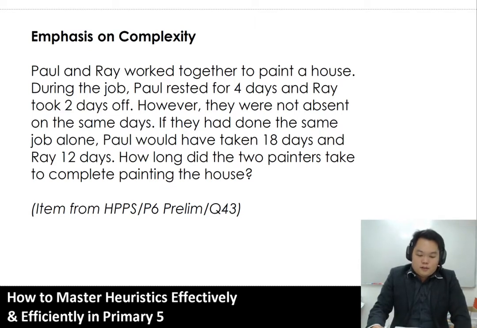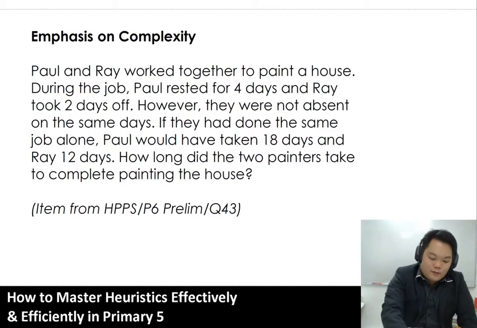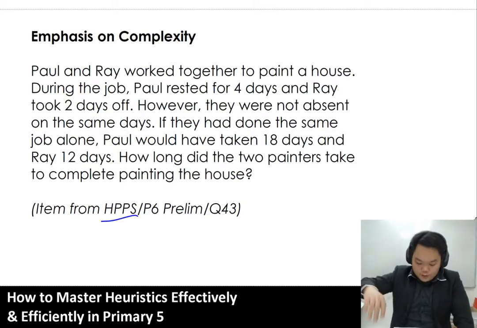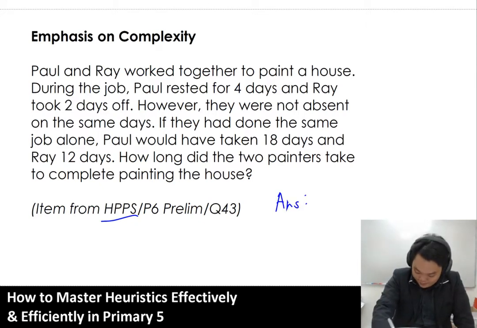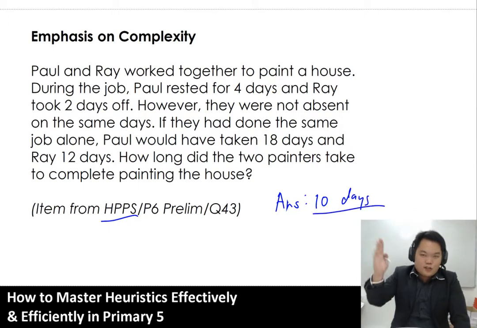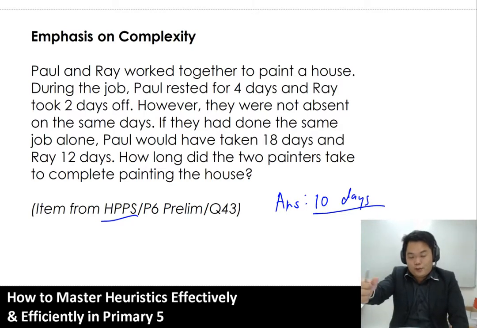How long did the 2 painters take to complete painting the house? So this is from Henry Park. I won't solve it here. The final answer is 10 days. Okay, that is how they emphasize on complexity. First, the topic itself is not that easy, it's work. Second, there's a lot of interpretation to be done. And third, there's a lot of information that needs to be synthesized together for you to evaluate it properly.